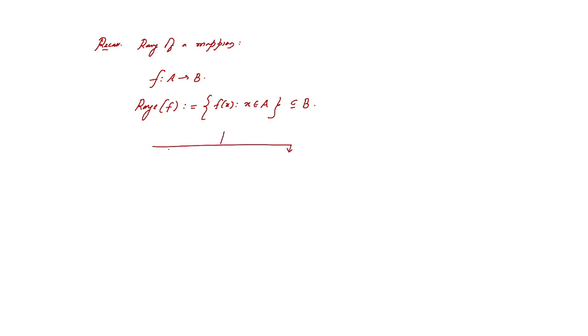If the range of f is a proper subset of B, then the map is not surjective. What is the meaning? That is, there exists an element in B that has no preimage.